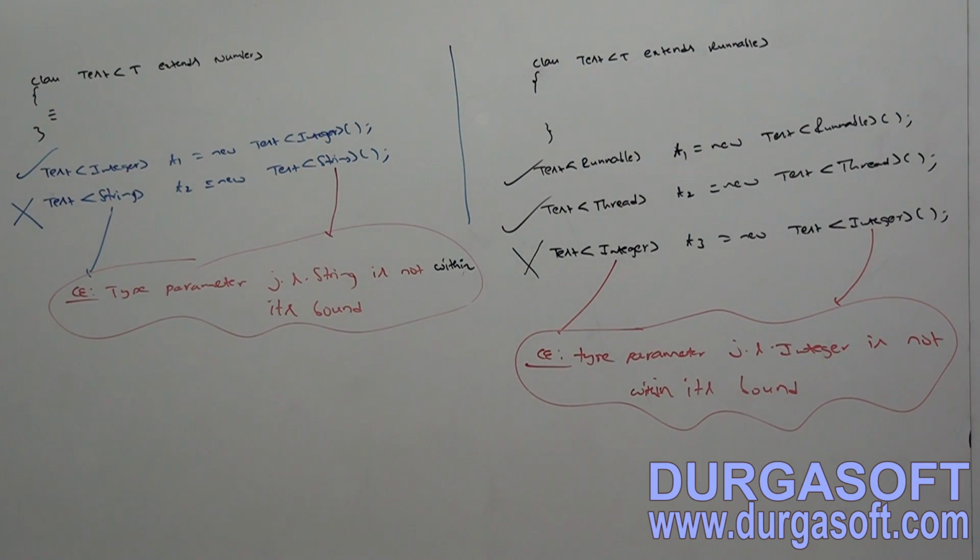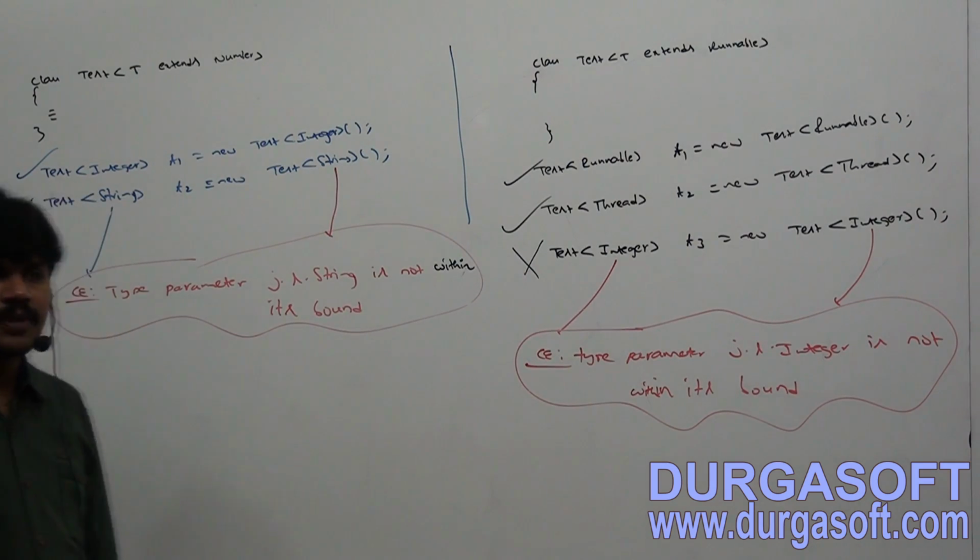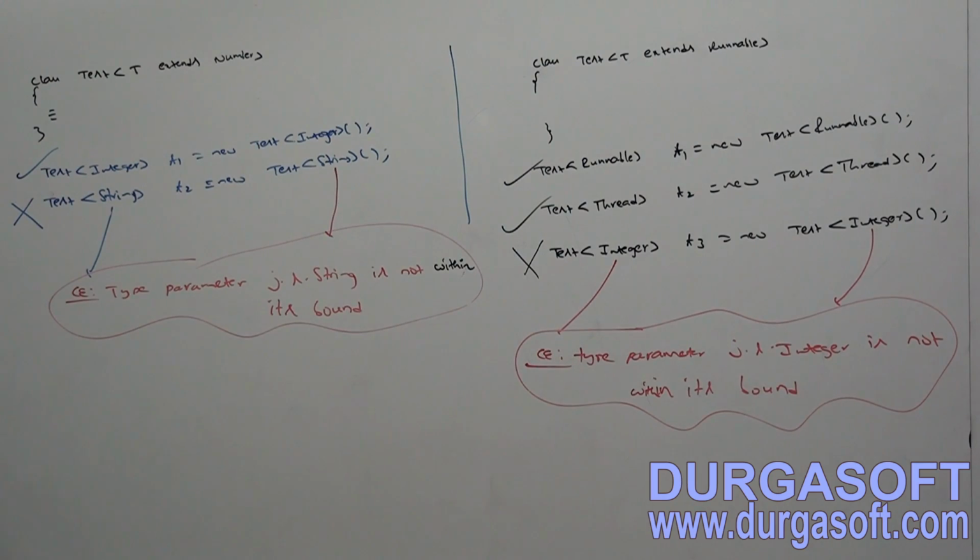Type parameter java.lang.String is not within its bound. Type parameter java.lang.Integer is not within its bound.